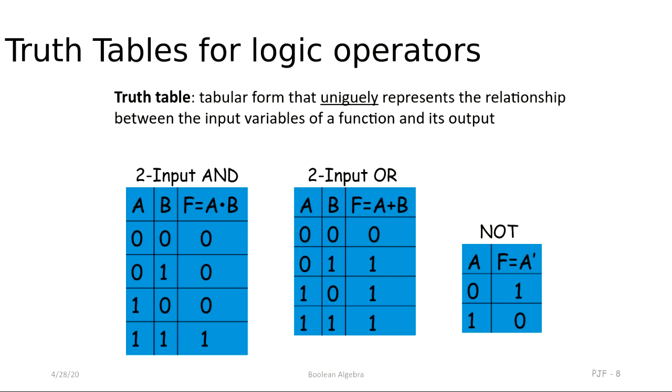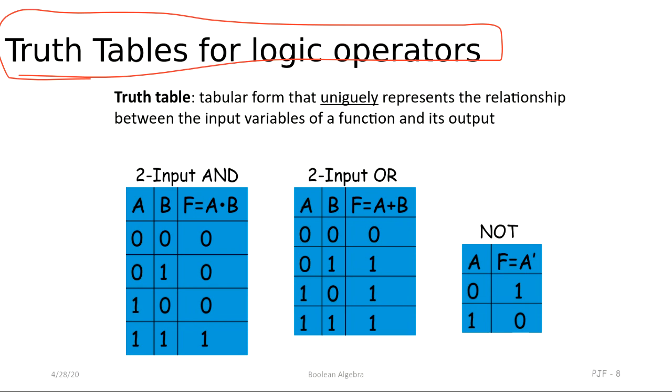So a truth table is basically a combination of different inputs and their relevant outputs. So here is the truth table for different logic operators. This truth table is for the AND gate, this is for OR, and this is for NOT.